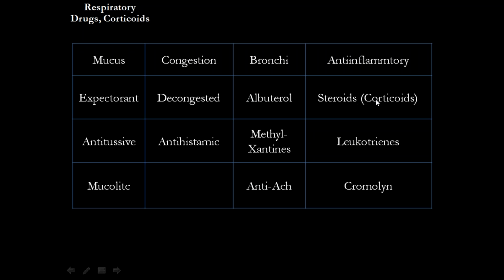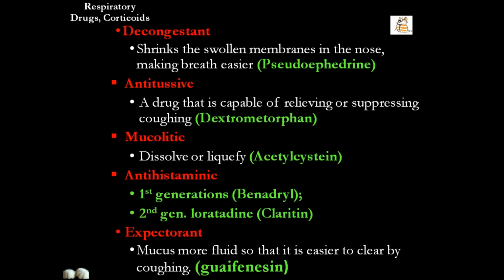Anti-inflammatories, we have steroids, the corticoids, especially the glucocorticoids, that is cortisol. Leukotrienes are part of the prostaglandins. These leukotrienes participate in an inflammatory process. Cutting the leukotrienes, they are going to diminish inflammation. And cromolyn is the mast cell stabilizer.